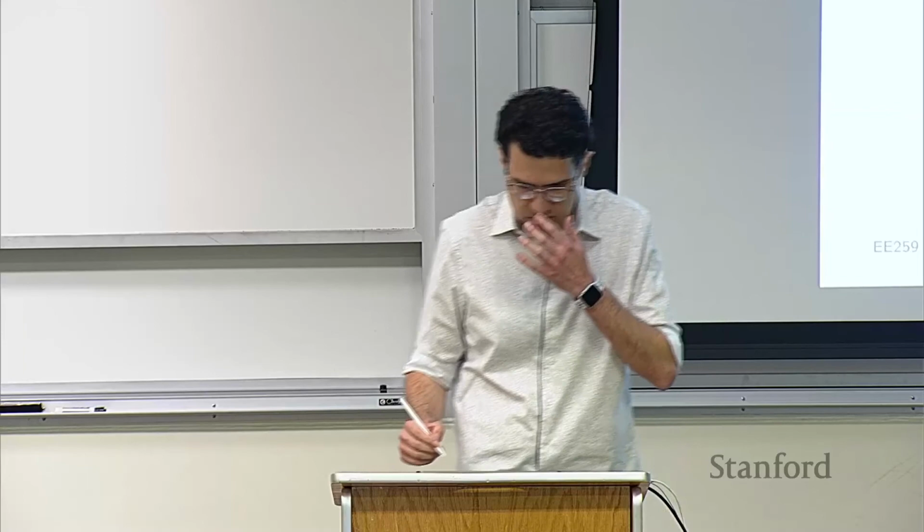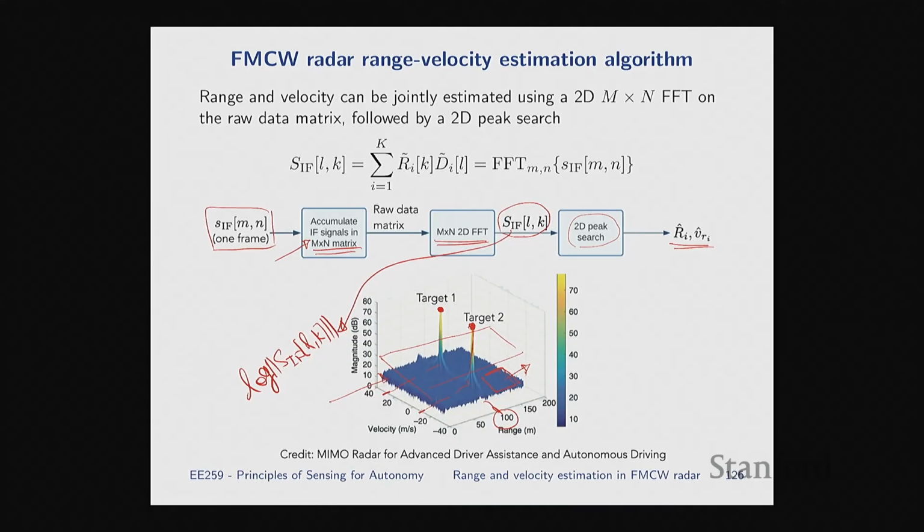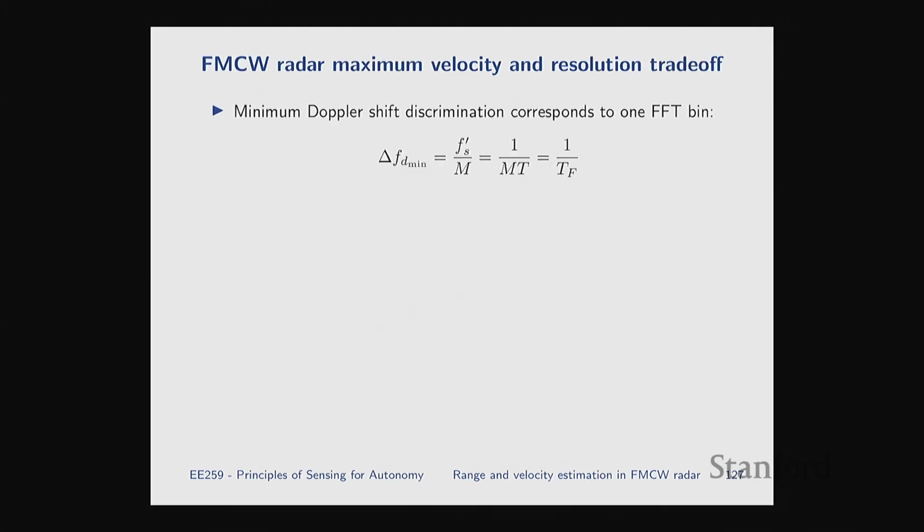Okay, last thing we need to do is, with this algorithm, what is the velocity resolution and maximum velocity you can detect? Well, it's another FFT, right? So the exact same argument we did for range applies. What is the velocity resolution? It's the width of one FFT bin for the Doppler FFT.